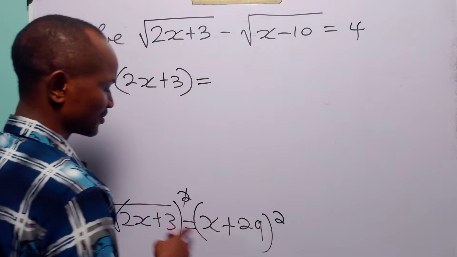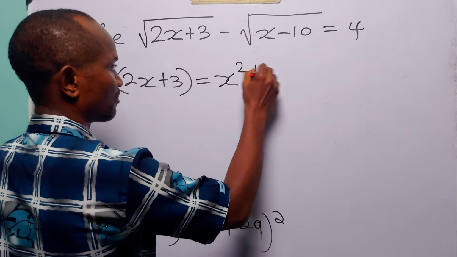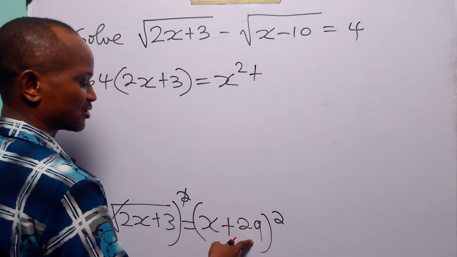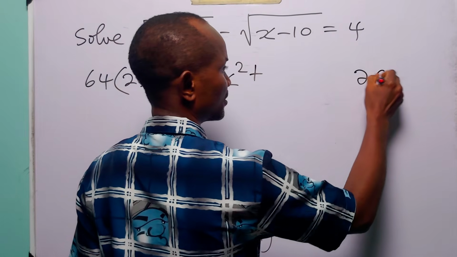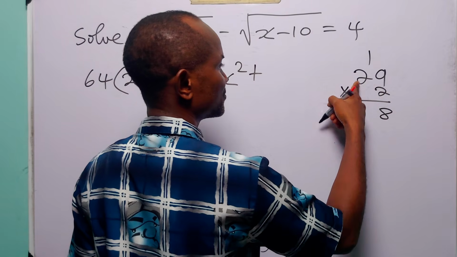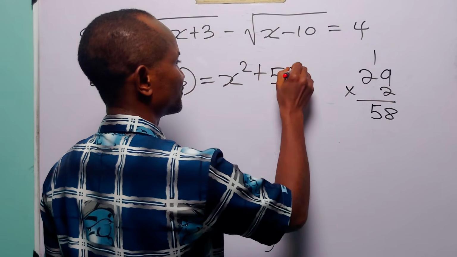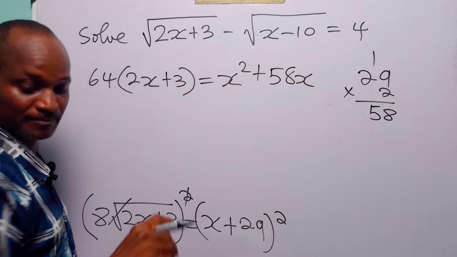This is equal to x squared plus 2 times x times 29. 29 times 2. 2 times 9 is 18. 2 times 2 is 4 plus 1, 5, 58. So this is 58x.